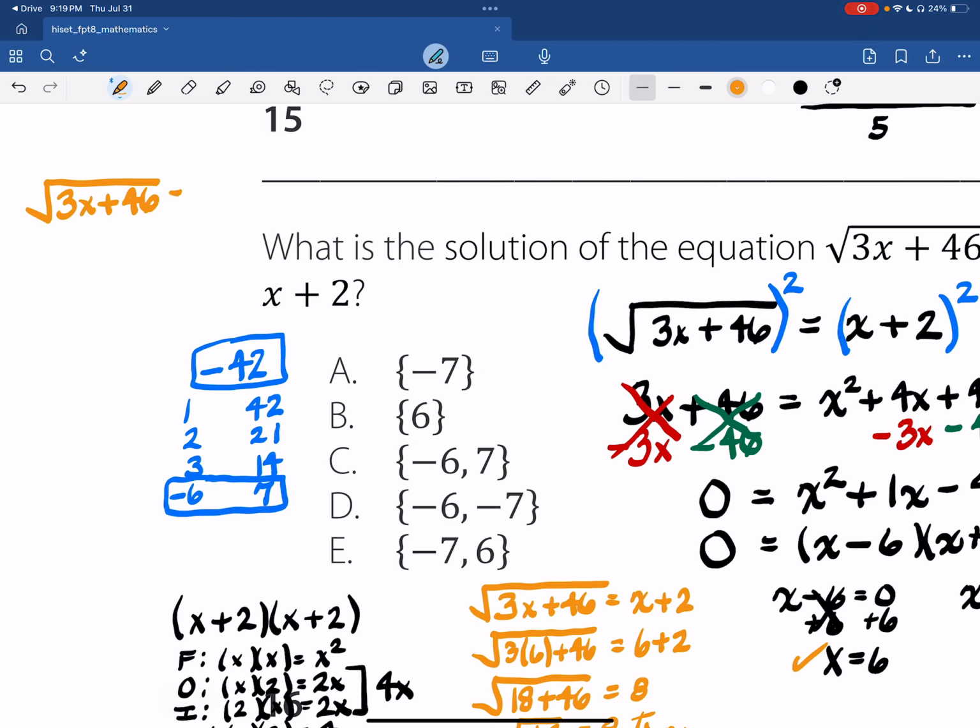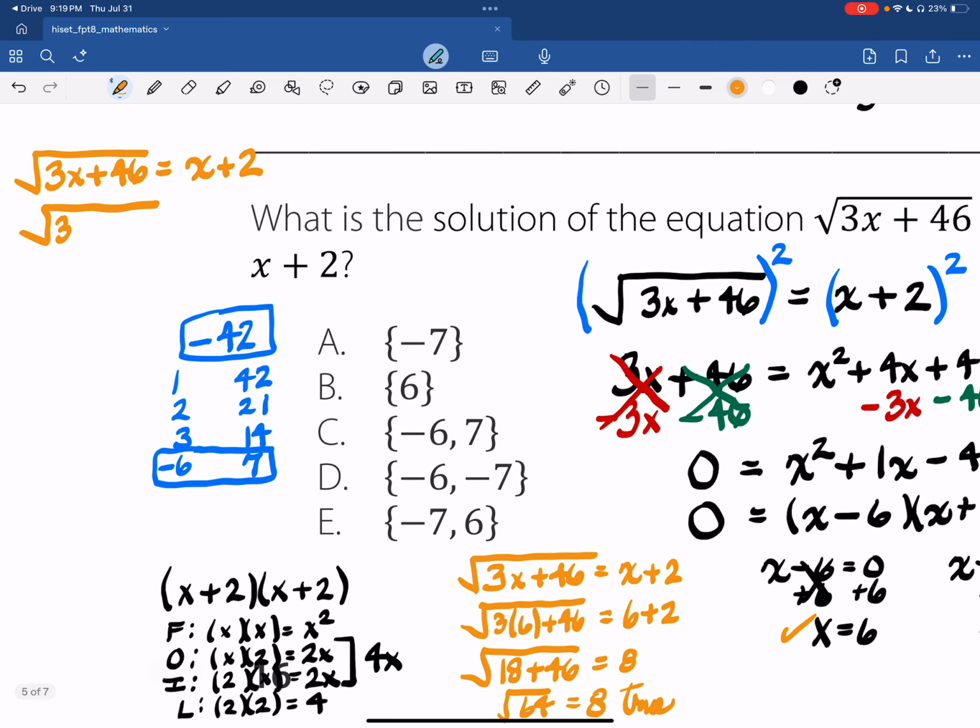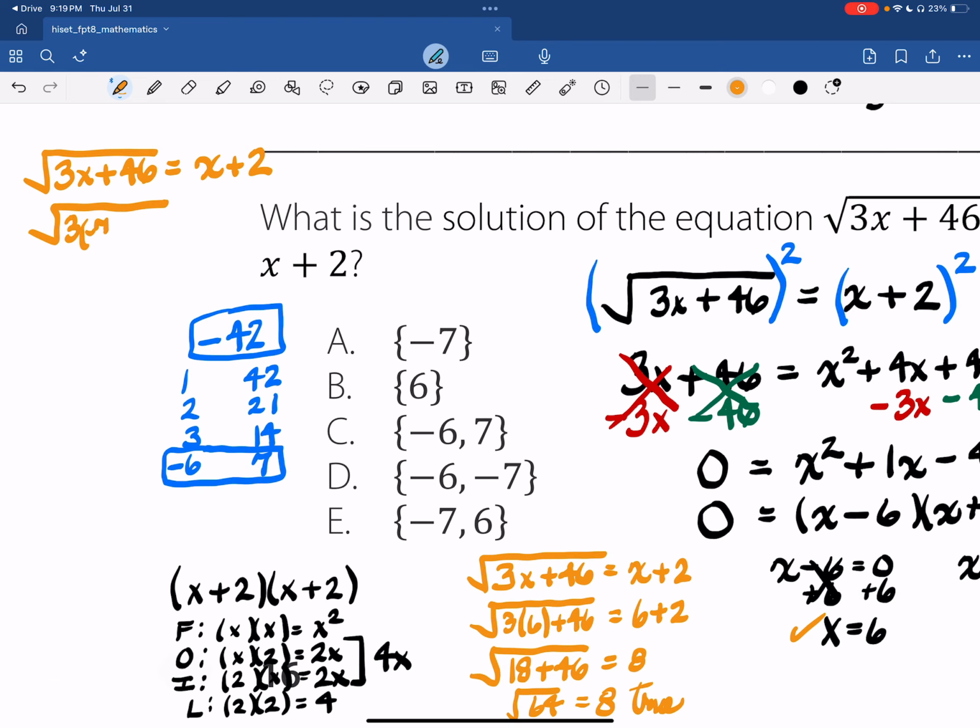The square root of 3x plus 46 equals x plus 2. And this time we're plugging in a 7. And it's not a 7, it's a negative 7. So negative 7. And then over here we have negative 7 plus 2. So this would be a negative 21 plus 46.